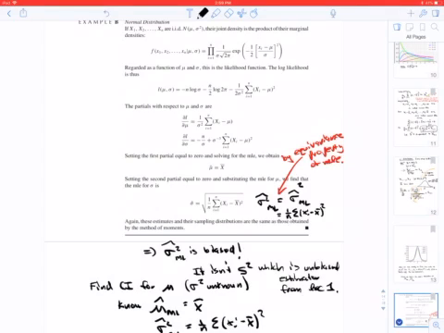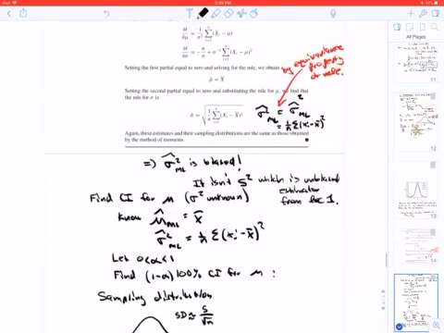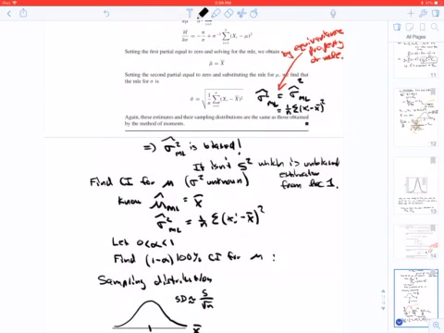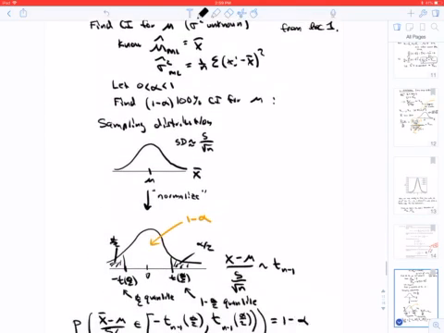But just by the equivariance property, we know that the estimator for sigma squared is just the estimator for sigma, squared. And also just note that we can see that the MLE estimator for sigma squared is biased. It's not s squared.